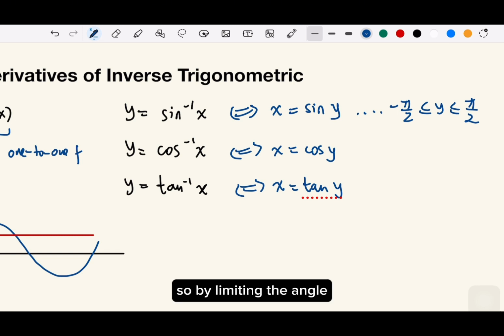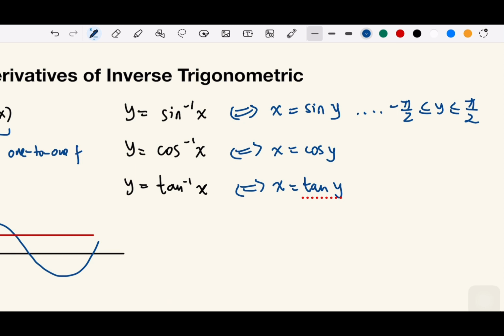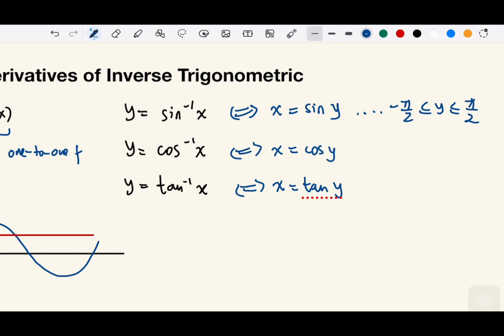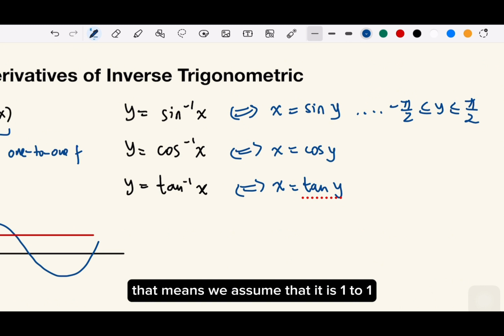So by limiting the angle, we are going to have a 1-to-1 function. That's why we have the inverse of sine. If we do not take these restrictions, then we do not have a 1-to-1 function. But later, if you see any inverse of trigonometry, that means we assume that it is one-to-one. We have restricted the domain.